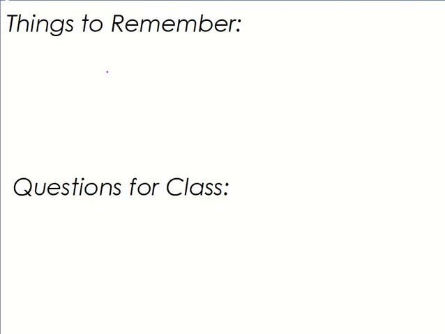So here's the end. This is just things to remember, or things for you to write down that maybe you would like to remember and that help you, or something you found interesting. So maybe you say, on a number line, they go the same direction, right? So you could write that down.